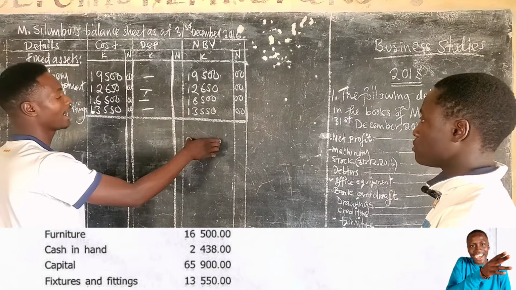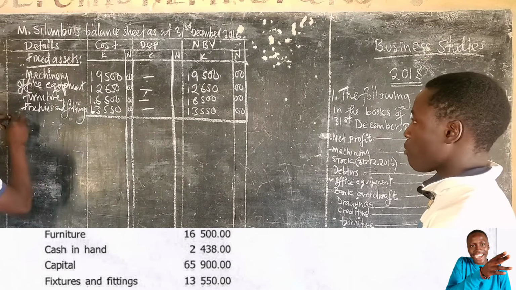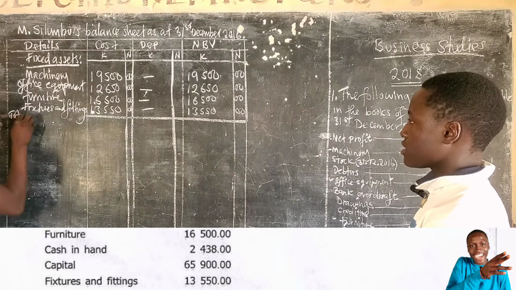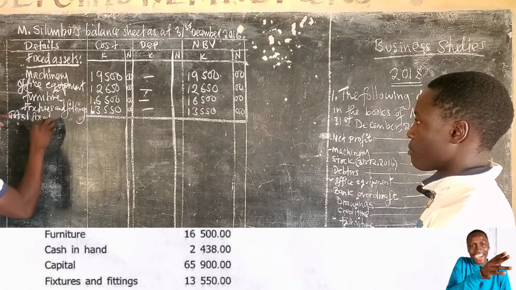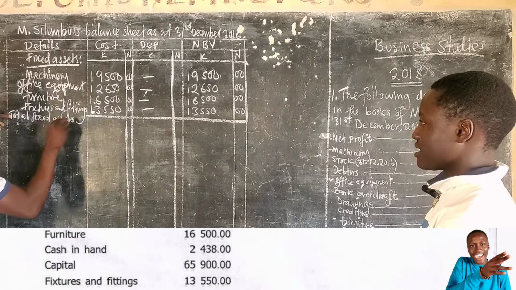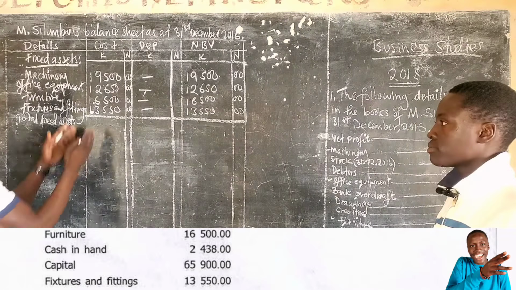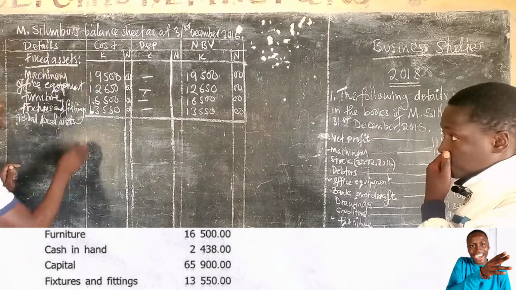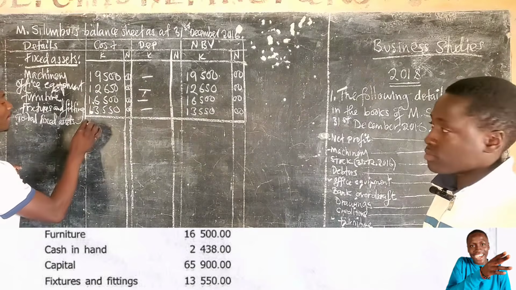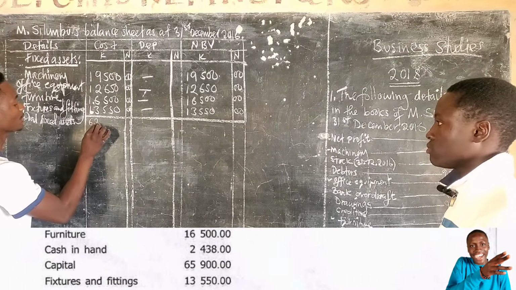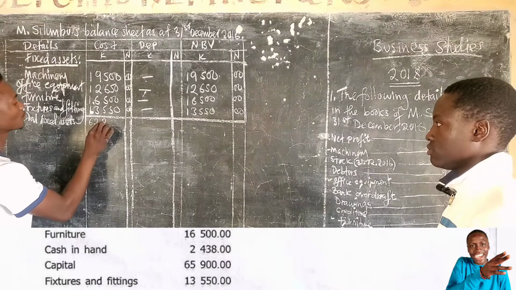Then, here I'm going to write the total fixed assets. Total fixed assets. So when you add here, what are we having? 62,200.